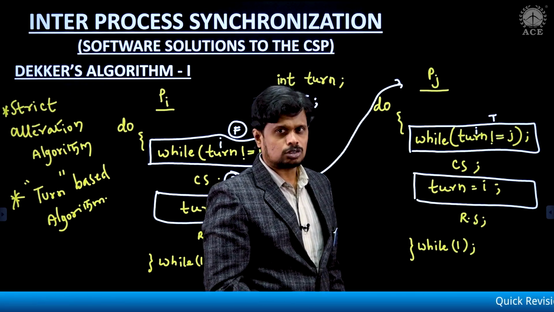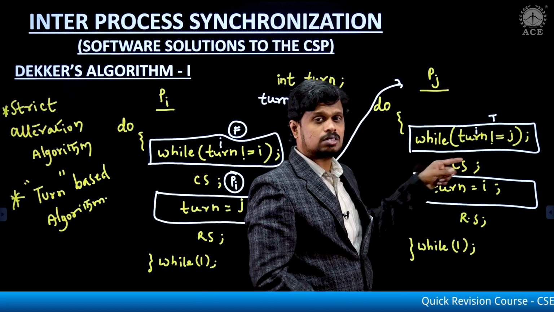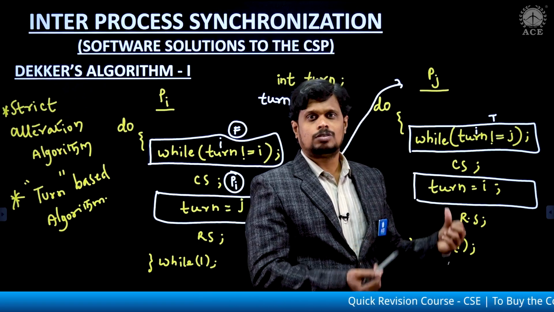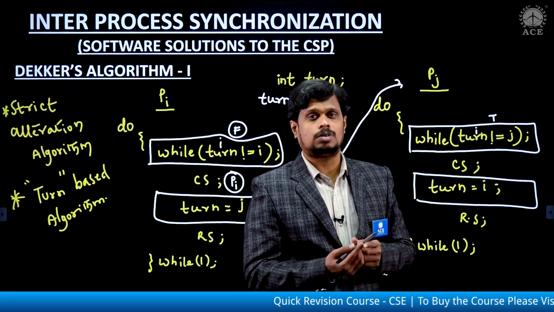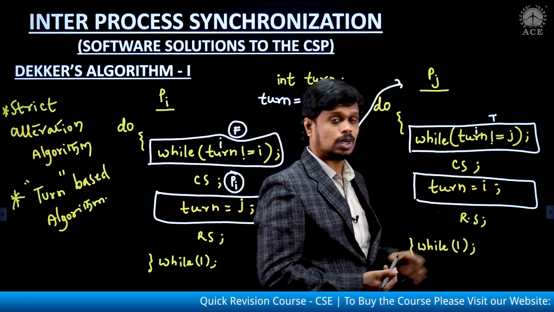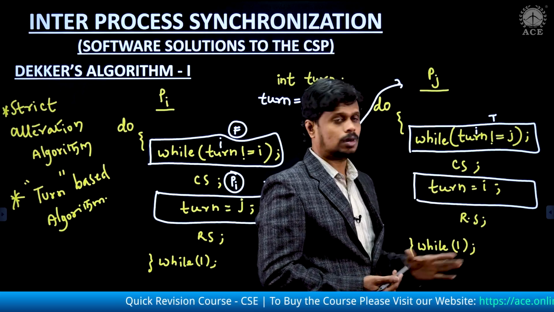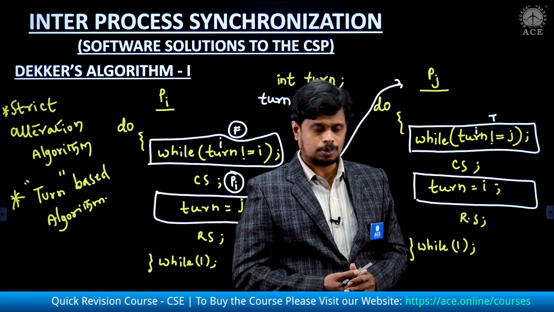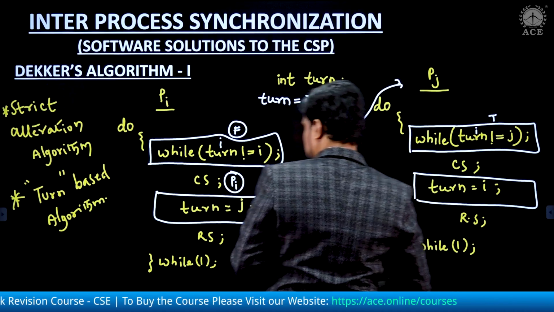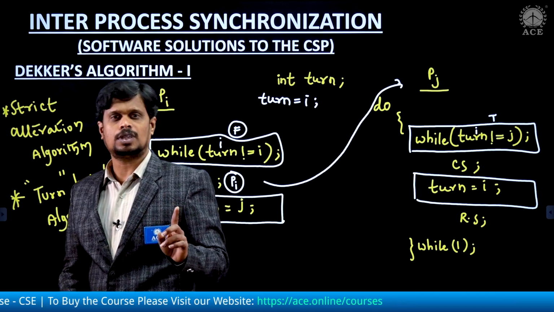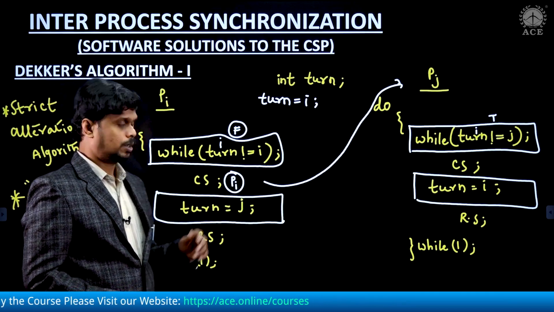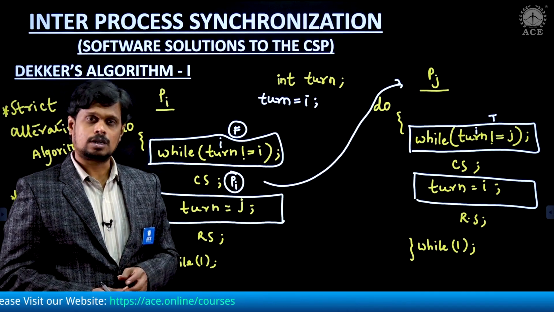Since the condition is true, this Pj is unable to come out of the while loop. It is unable to skip the while loop, which means it is stuck in the while loop and unable to enter the critical section. So among the two processes, only one process is present in the critical section, that is Pi. Are you clear with me?